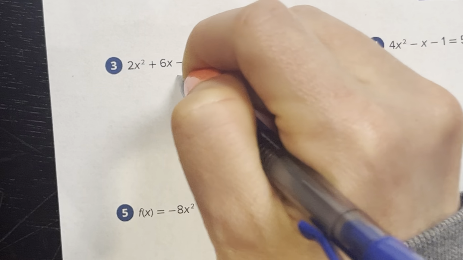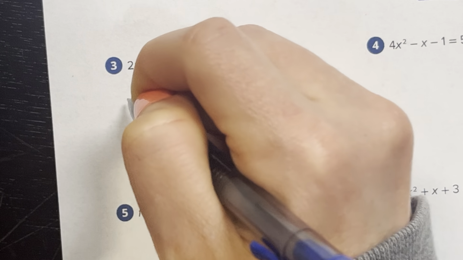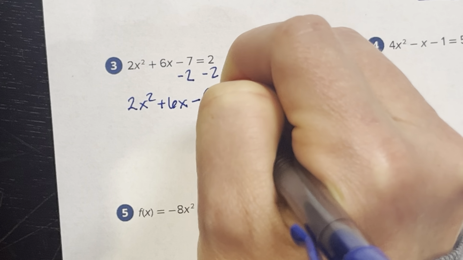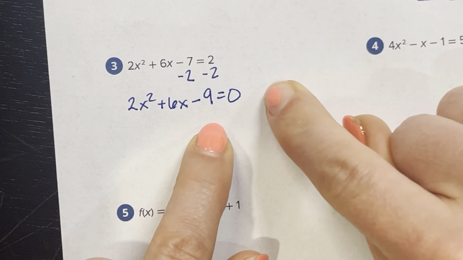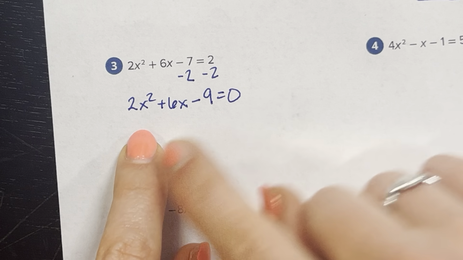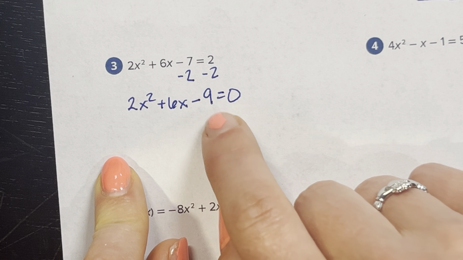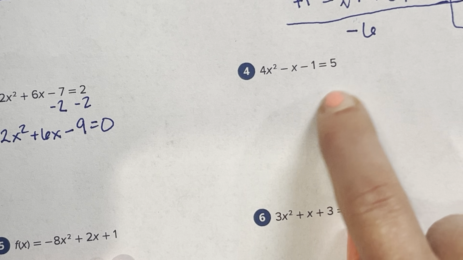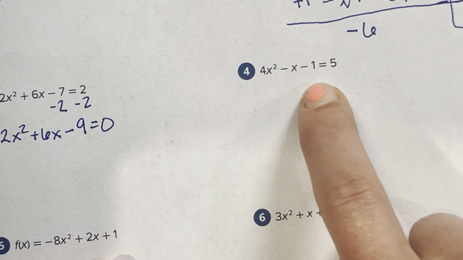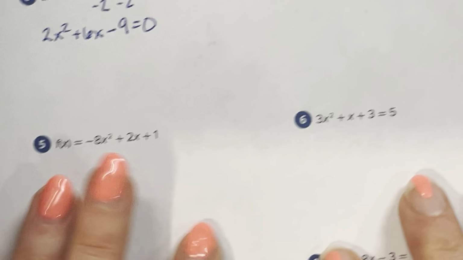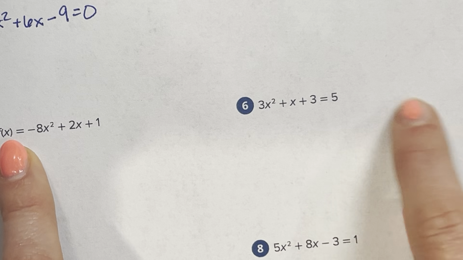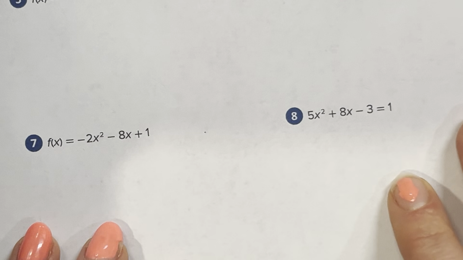So if I minus 2 on both sides, now I have 2x squared plus 6x minus 9 equals 0, and now I have my A, my B, and my C. My C is actually -9. For this one, my C is not -1, it's -6 if you subtract 5 on both sides. This one is just a function you can set equal to 0. This one you'll have to subtract 5, etc., etc.